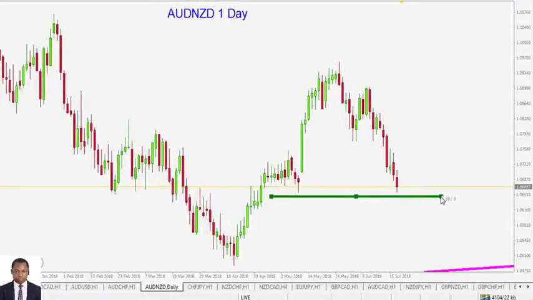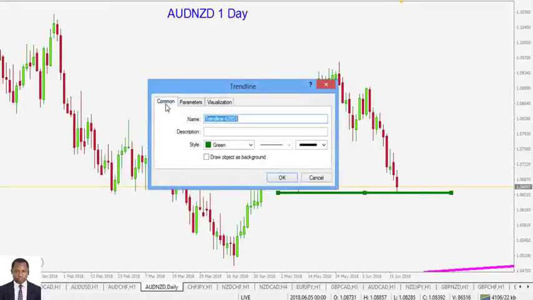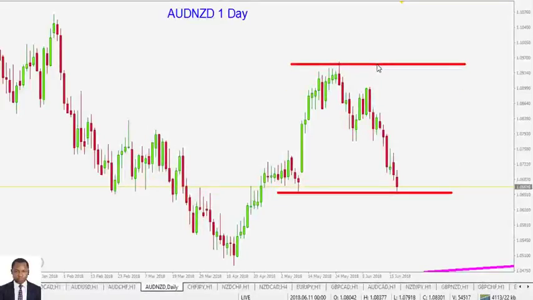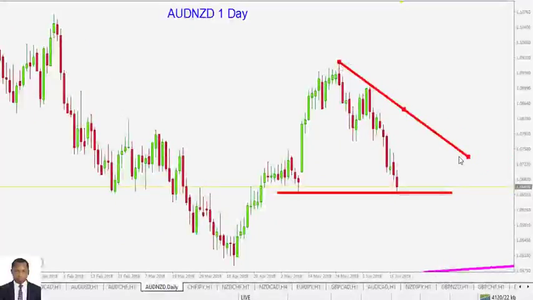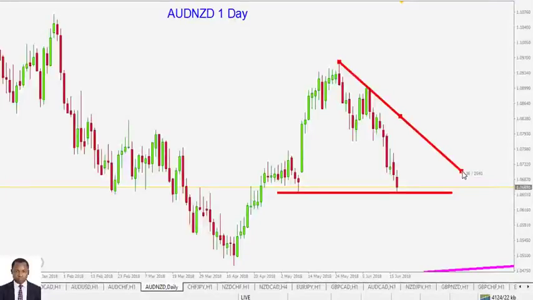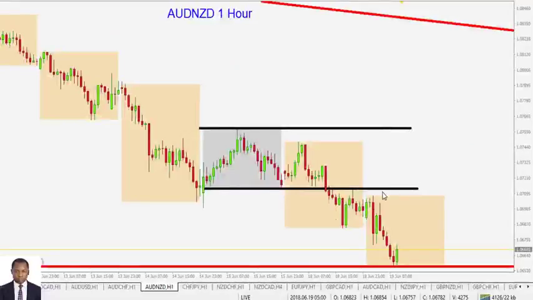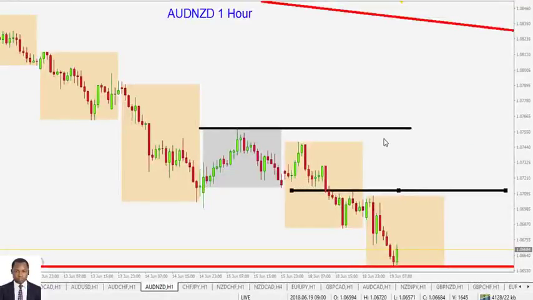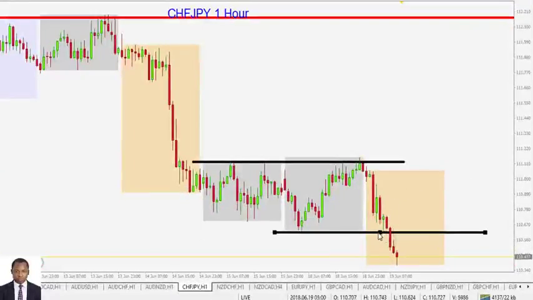Australian dollar against the New Zealand dollar. Let's keep this level here as support. Okay, let me just skip this. Alright, Swiss franc against the Japanese yen.